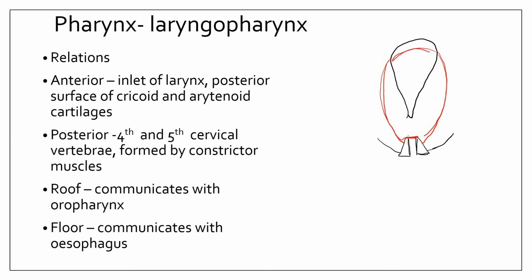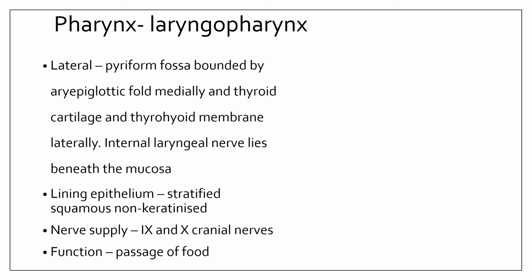This is laryngopharynx. Lateral to the laryngopharynx is a pyriform fossa which is bounded by this aryepiglottic fold medially and the thyroid cartilage laterally. Beneath the mucosa of this pyriform fossa lies the internal laryngeal nerve.